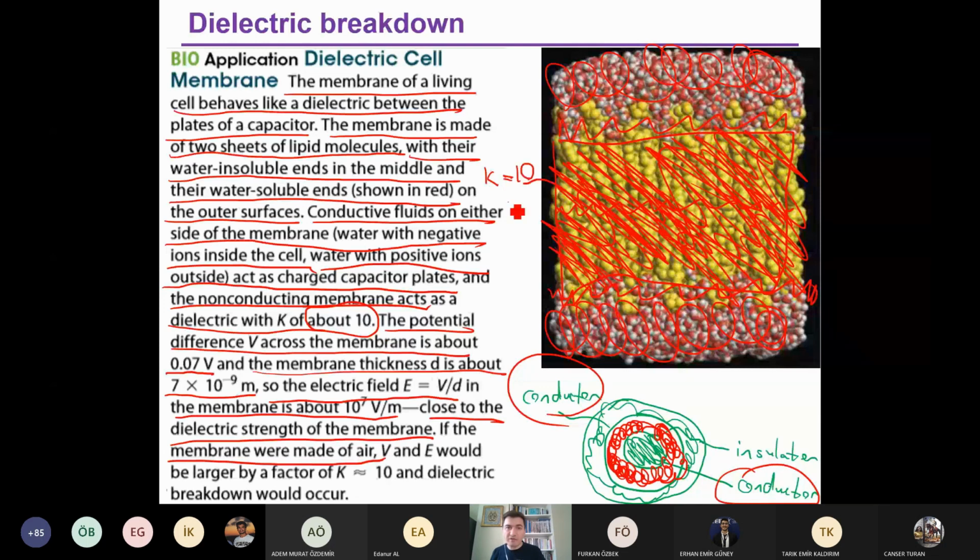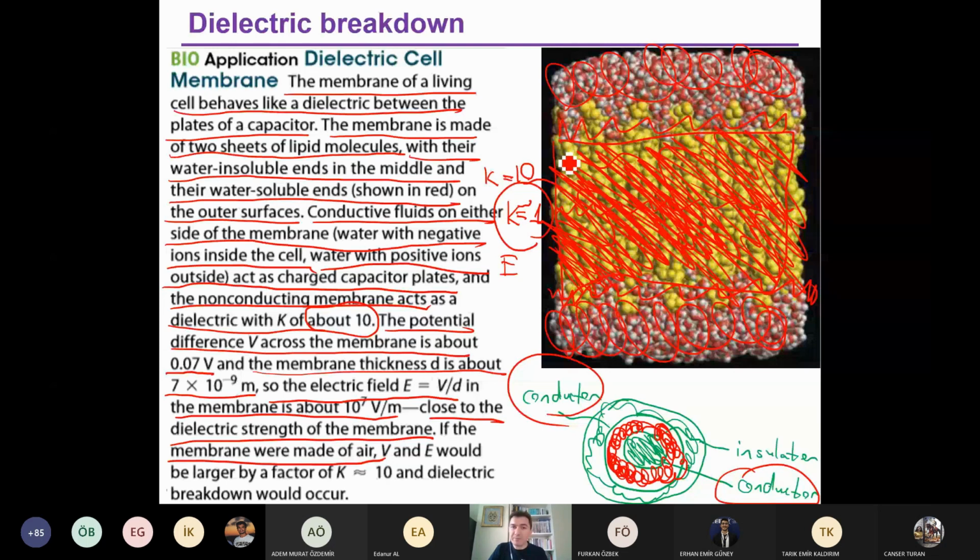Then the electric field and the voltage difference would be larger by a factor of 10 and dielectric breakdown would occur. Then this membrane would behave like a conductor if it were air.